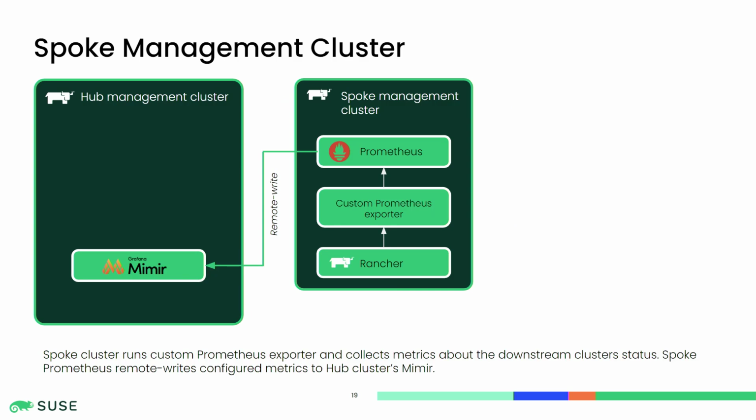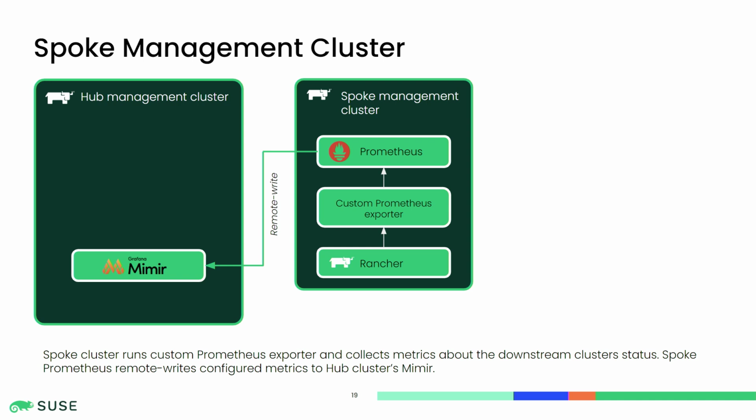So, having Mimir as a centralized storage for the metrics, we're moving on to the spoke management cluster and what runs there. Basically, we're running a standard Prometheus installation, and on top of that, we have a custom-created Rancher Prometheus exporter, which exports the metrics based on the resources from Rancher, which are available on the spoke management cluster, and this creates the aggregated data and remote writes them to Mimir.